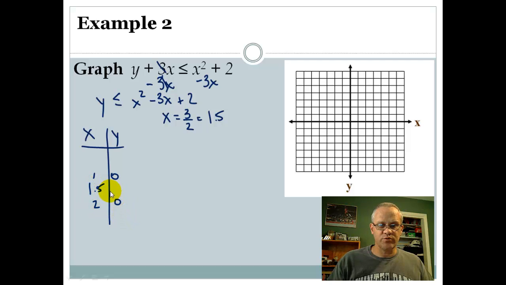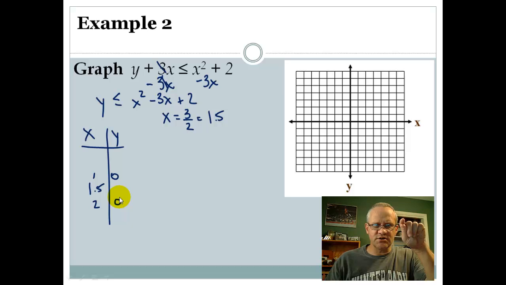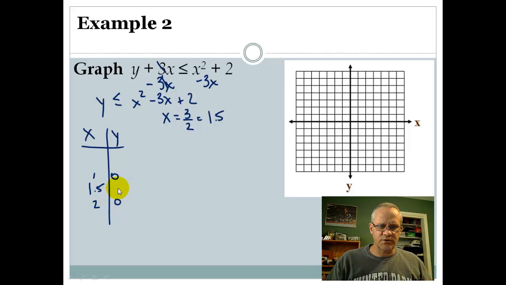You're not going to get this 1.5 here, so you're just going to get a 0 and a 0. It's going to look a little strange, but what that means is it hits 0, and then it's going to go down a little bit further to get that vertex and then come back up again. So that's why we have to figure that out on our own. So let's find out 2 more points here. Looks like we're going to have 0, 2, and then 3, 2 down here.